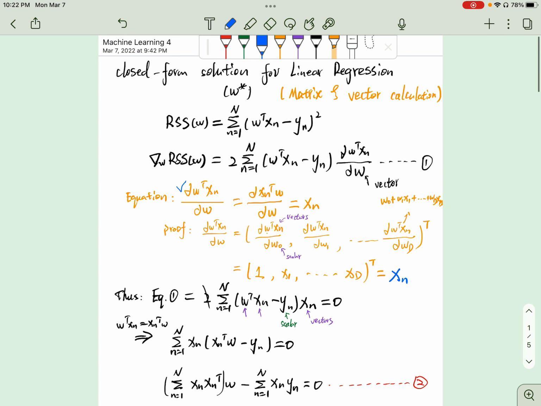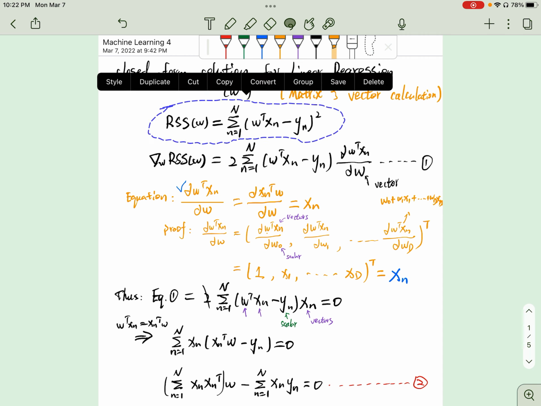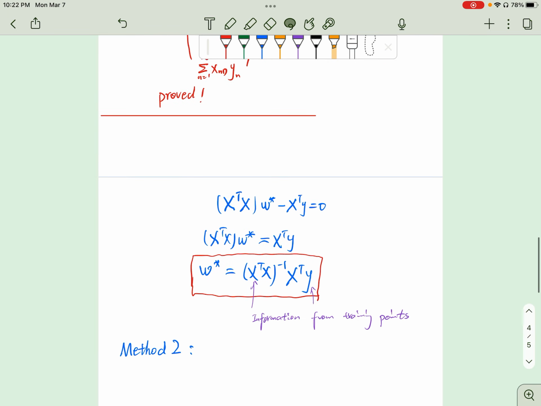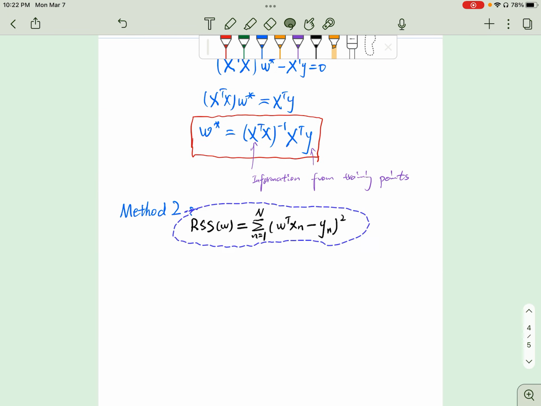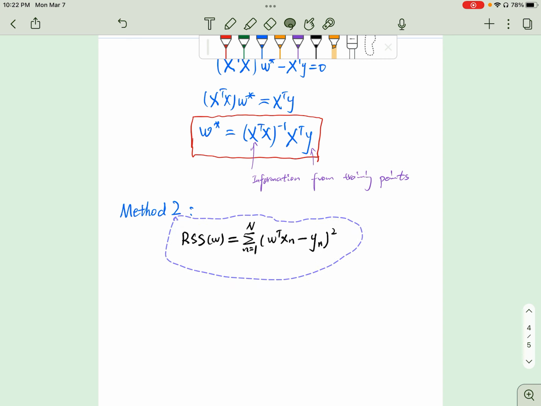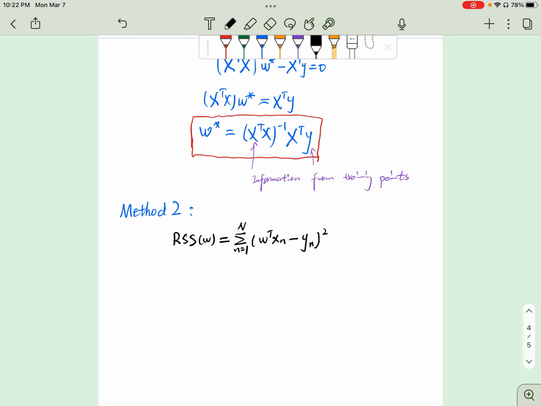So we will also start with this loss function because we want to minimize it. Okay, now I will do a different thing here. I will write this one in a matrix form.